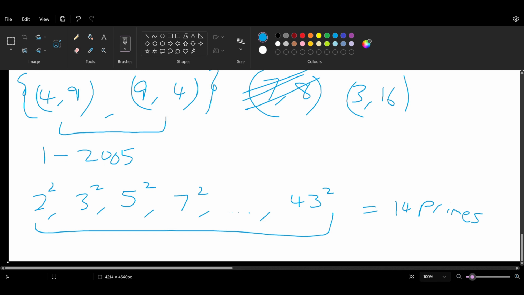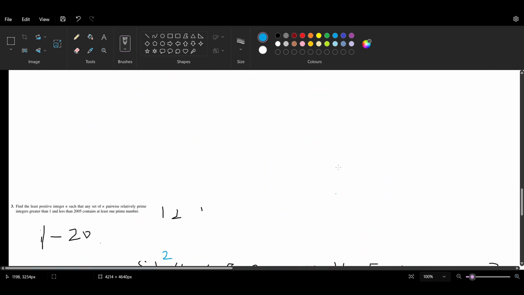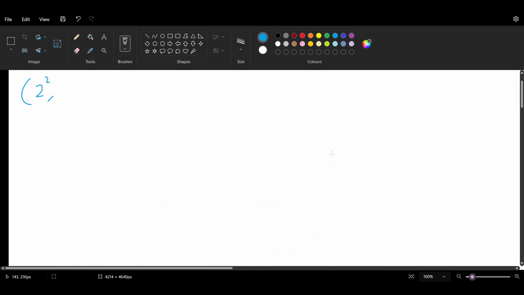Let's say we add another prime number. These numbers are not much to write, so let me just write them. Let me scroll to the top. So let's just pair them: 2 squared with 3 squared, 5 squared with 7 squared, 11 squared with 13 squared, 17 squared with 19 squared.